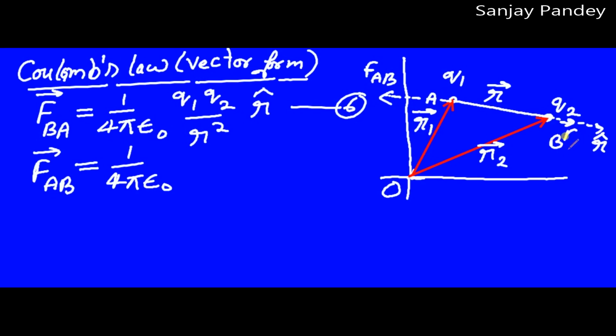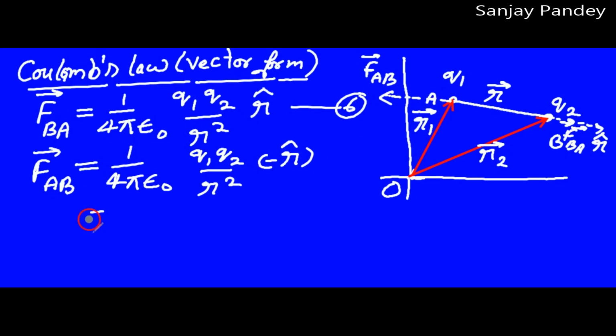The direction of F AB is opposite to the unit vector r cap, so here we write minus r cap, as this force is oppositely directed to r cap.